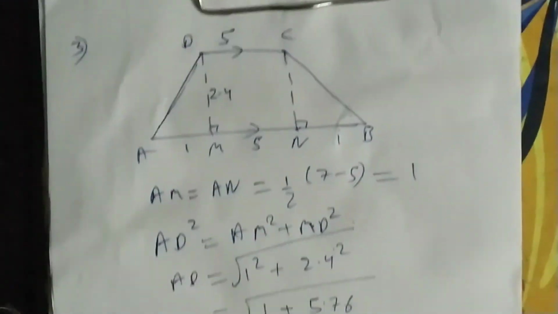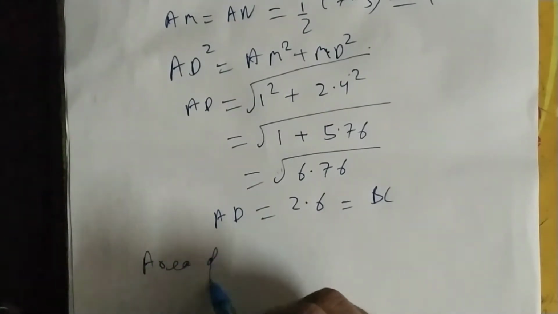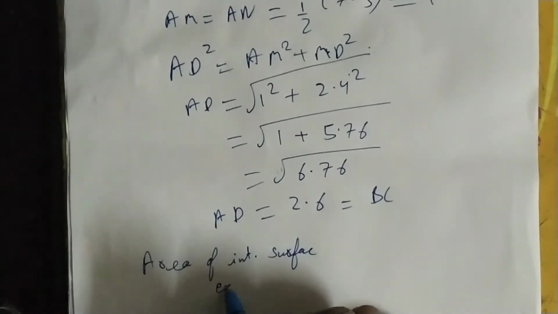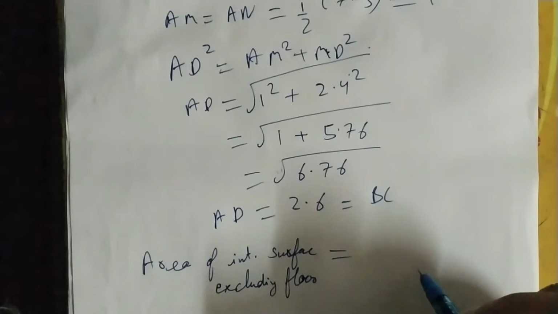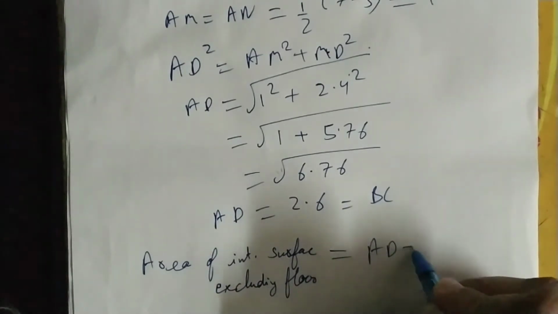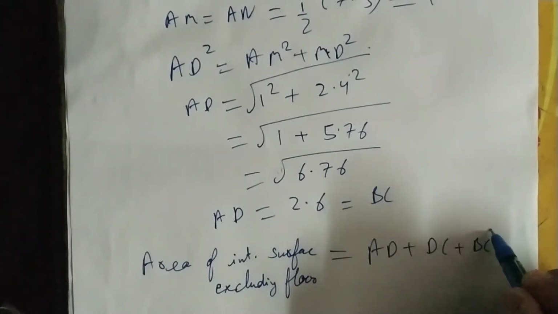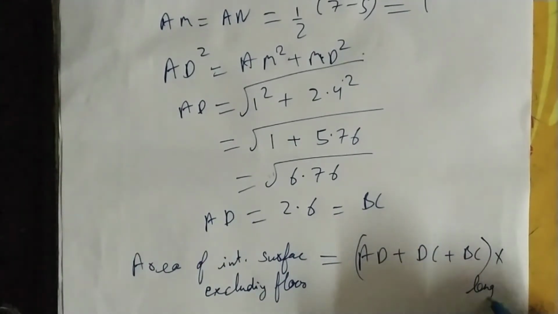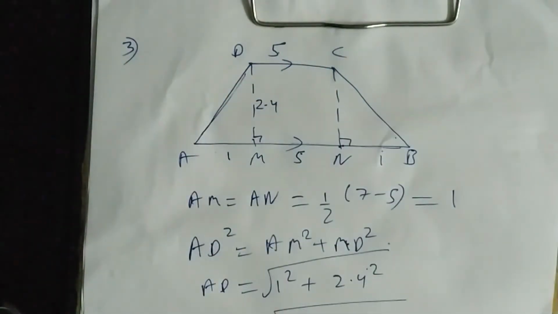The area of internal surface excluding floor is equal to AD plus DC plus BC, multiplied by the length of the tunnel.